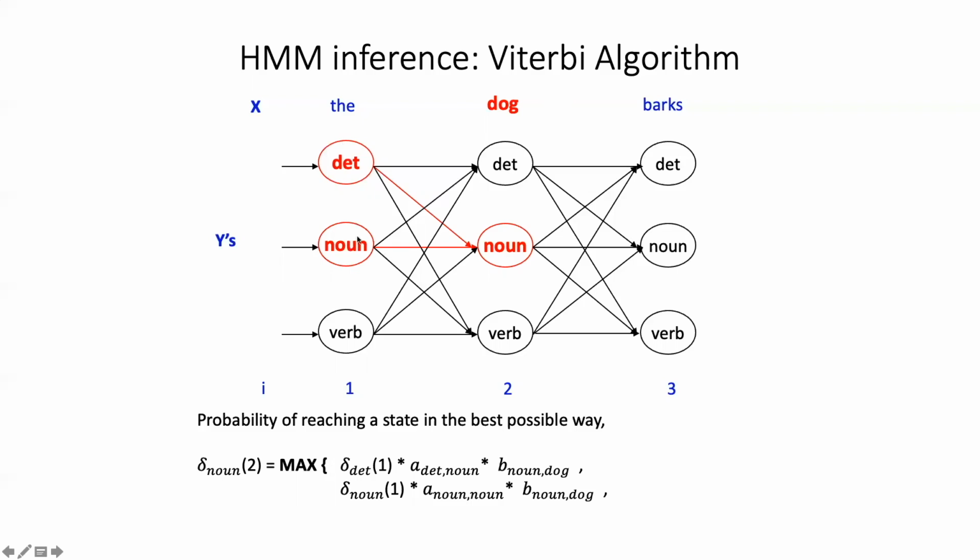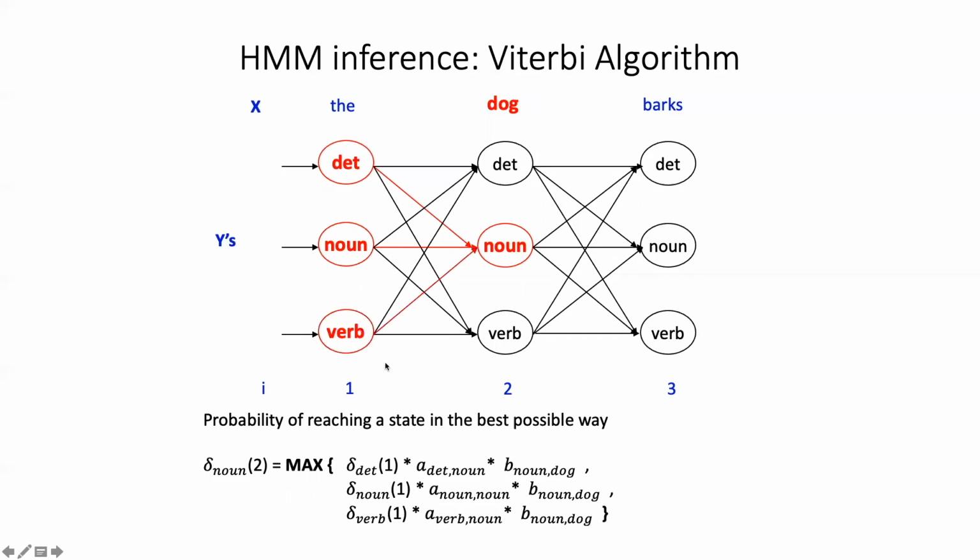So the other possibility is reaching from the state noun to noun, while in the previous state emitting the symbol the. So this is represented by this particular term, the initial probability, the previous delta noun multiplied by the transition probability and the emission probability here.